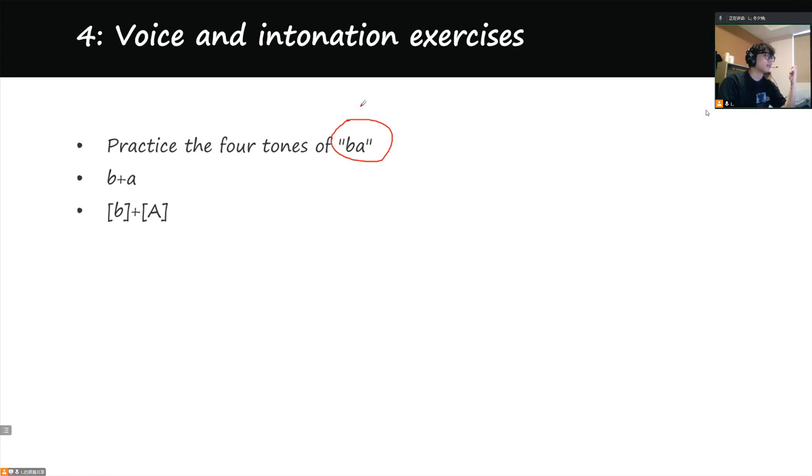We can split this word into two parts, one is the initial and the next one is the final. So I give you the pronunciation in English of how to pronounce this initial.